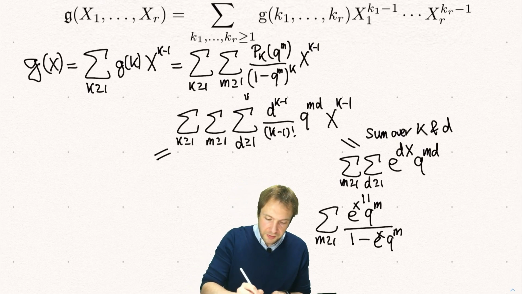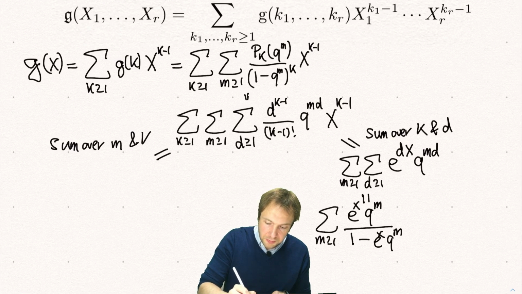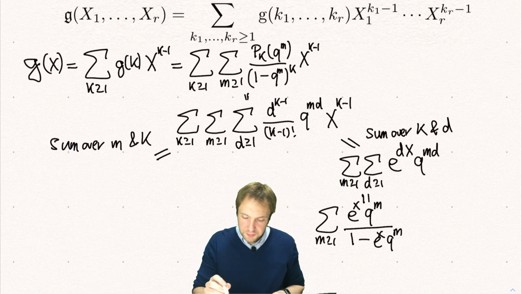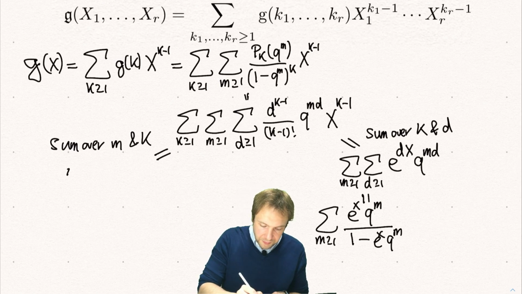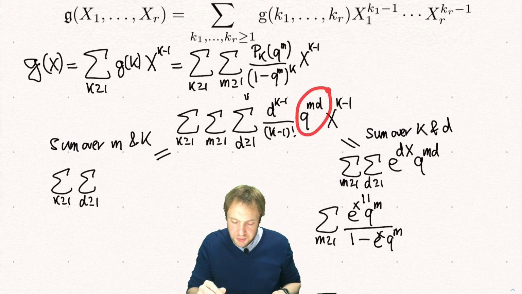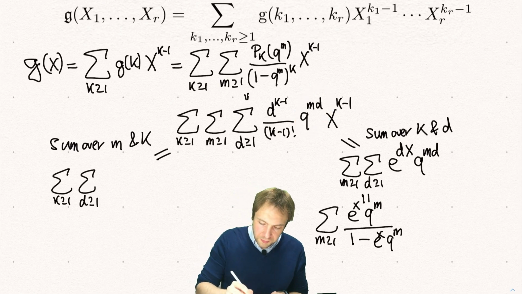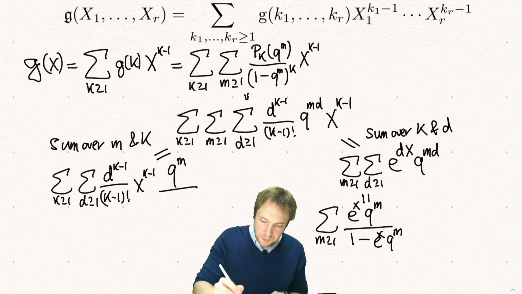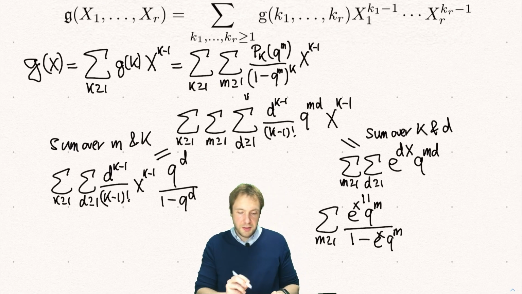The other one is that I sum over m and k. If I sum over m first, I still have the sum over k, and I still have the sum over d. And m is just there, so I just have a geometric series. So I still have x to the k minus 1, and here I have now q to the d divided by 1 minus q to the d.